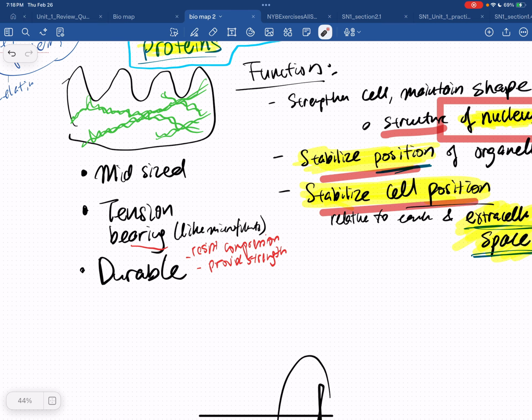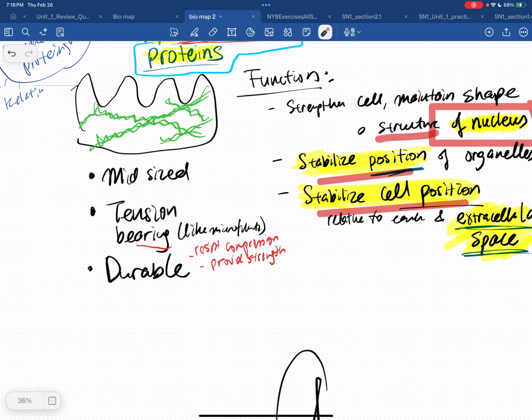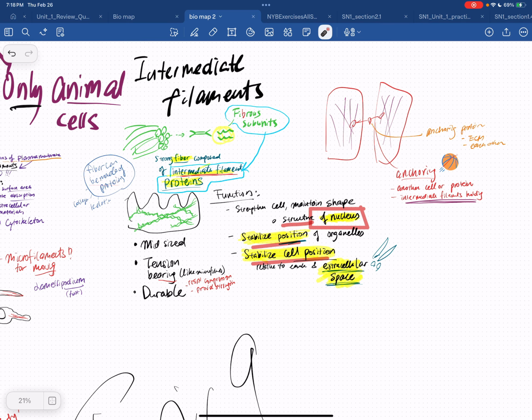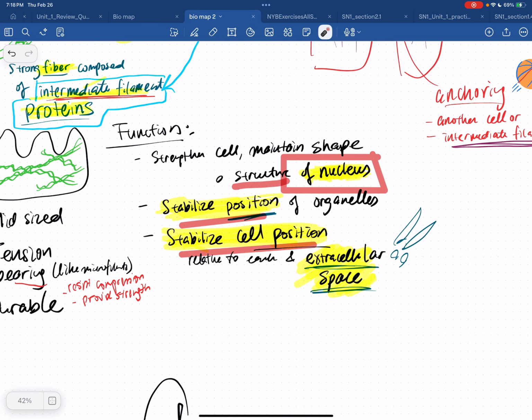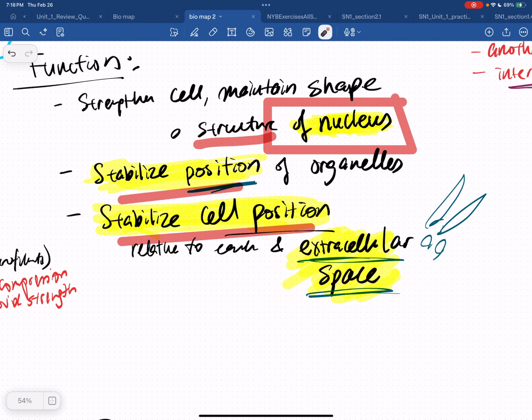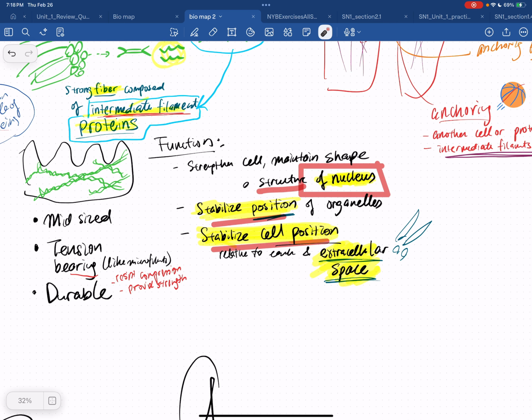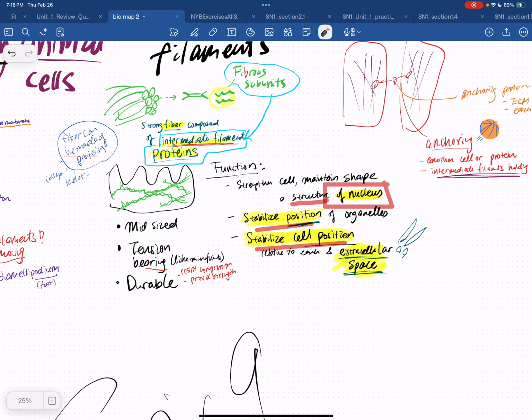And the tension bearings, like the microfilaments, are what keeps this really strong and structured. So structure of the nucleus, stabilize position of organelles, stabilize cell position, cell to cell. So position inside the cell, position outside, within their cell, and relative to each other. Yeah, so stabilize cells relative to each other and relative to extracellular space.